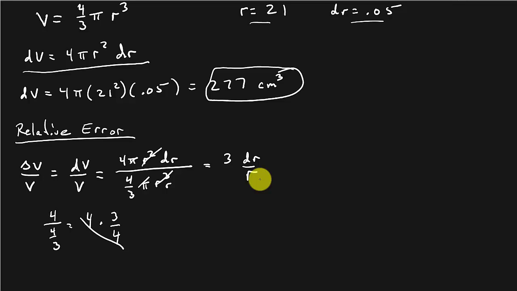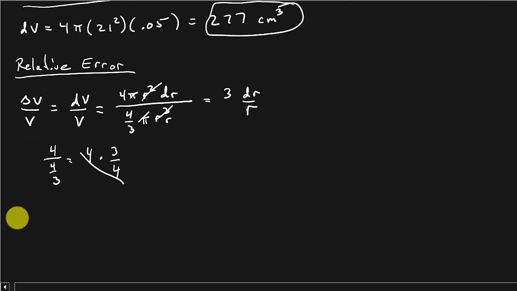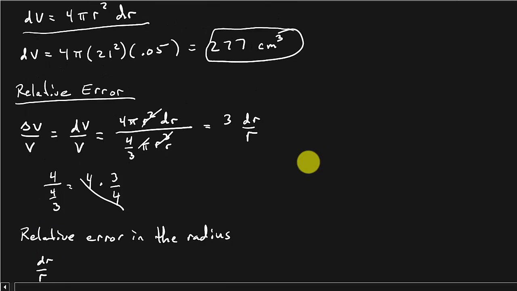So let's find the relative error in the radius. That's dr over r. Now keep in mind, this right here is the relative error in the volume.